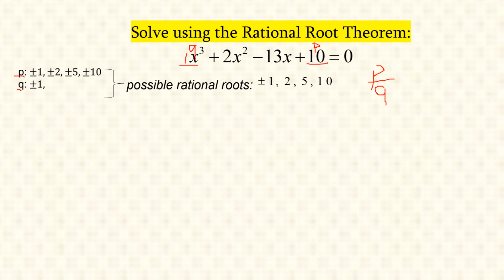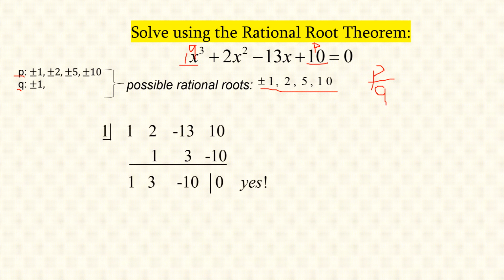So, meron tayo ditong mga possible roots na positive and negative 1, 2, 5, and 10. Then, after that, pwede na nating gamitin yung ating synthetic division para ma-solve yung ating given and makuha natin yung ating mga roots. So, dito inuna yung positive 1.